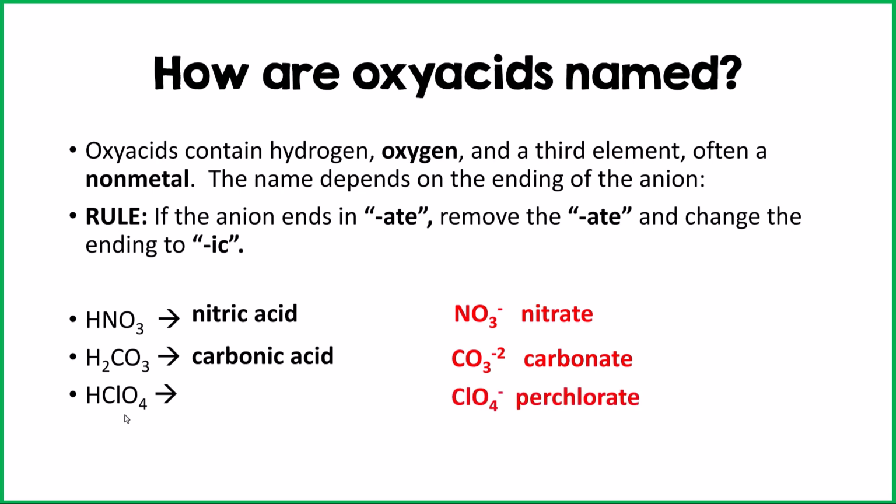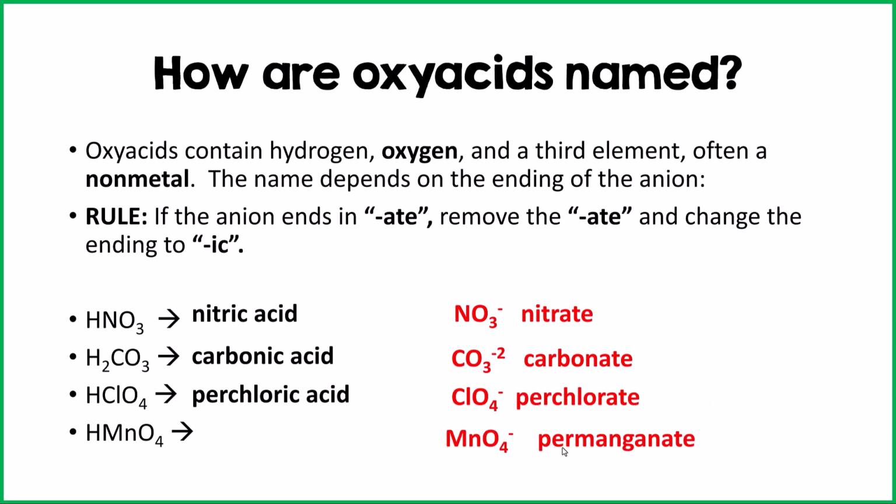If we know that our ion here, anion, is perchlorate, then that should be perchloric acid. And our final practice here, if this is a permanganate ion here, that's going to be permanganic acid. So those are our oxyacids.